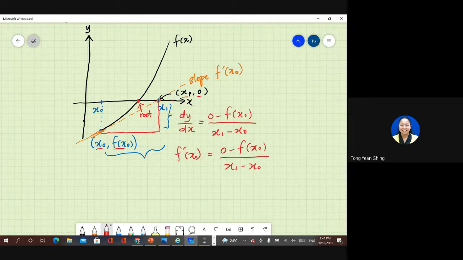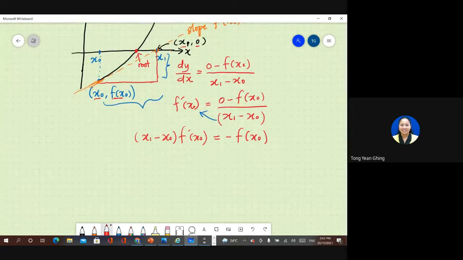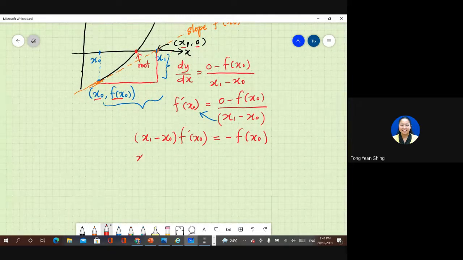Now I want to know x1. So I bring the whole thing over, so now it becomes (x1 minus x0) times f prime x0 equals negative f(x0). Expanding, x1 f prime x0 minus x0 f prime x0 equals negative f(x0). Since I want to find x1, everything that is not x1 goes to the right.